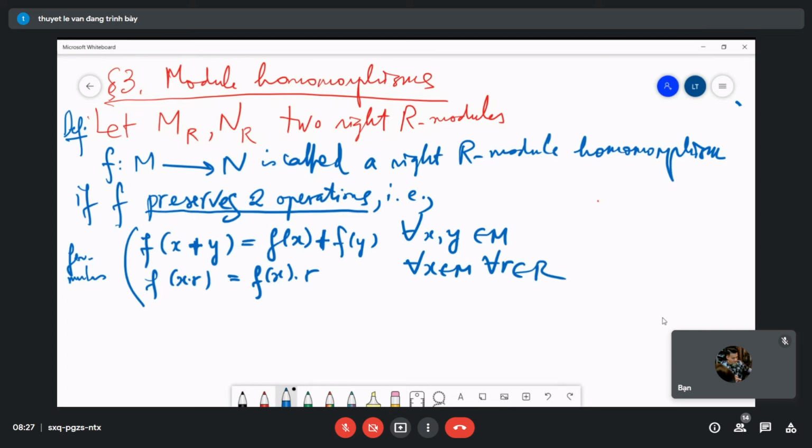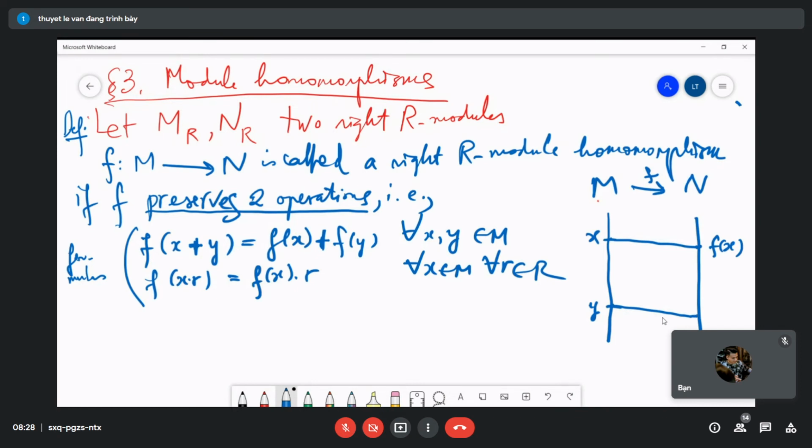Okay, so you can see, I can draw here and then you can see the preservation. Here is M and here is N. And then you take elements x and y here. And f is from M to N here. So x, you receive fx here, and y, you receive fy here.